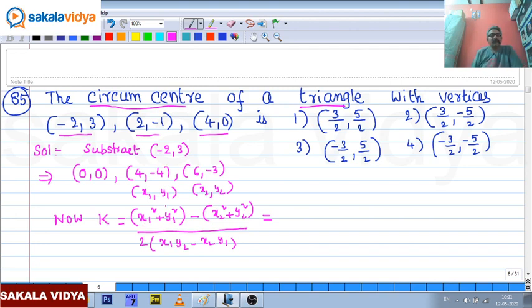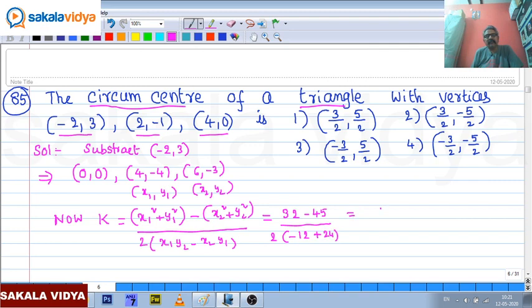X1 square plus Y1 square is 4 square is 16, minus 4 square is 16, 32, minus 36, plus 9, 45, upon 2 times x1 y2. x1 y2 means minus 12, minus x2 y1 plus 24 plus 24.